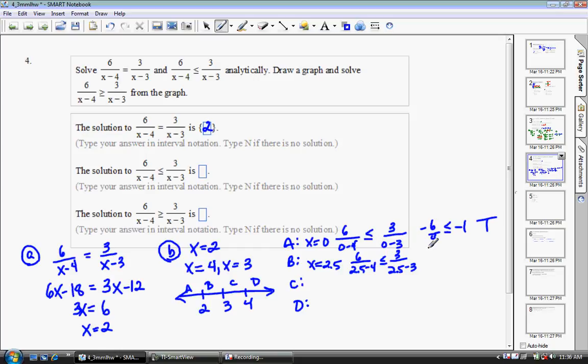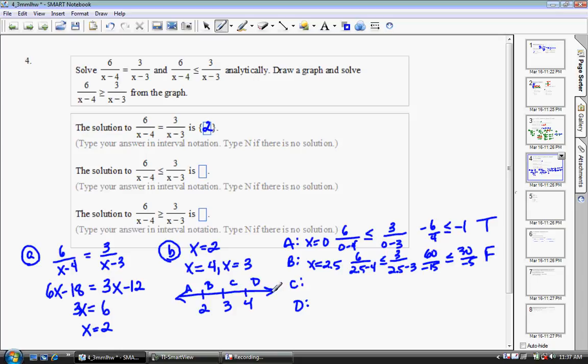I think that would be false there. Let's see about this. That would be 6 over negative 1.5, which is really 60 over negative 15. And that's 3 over negative 0.5, which is really 30 over negative 5. So that's negative 4 is less than or equal to negative 6, which is false.